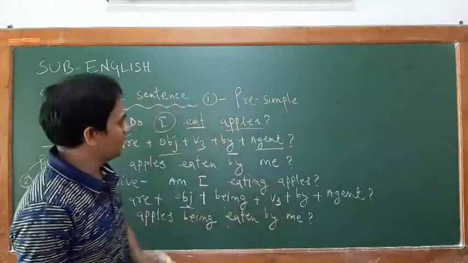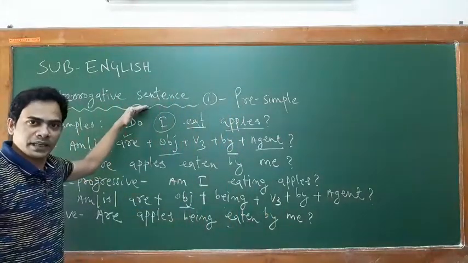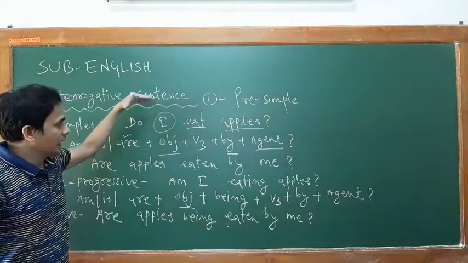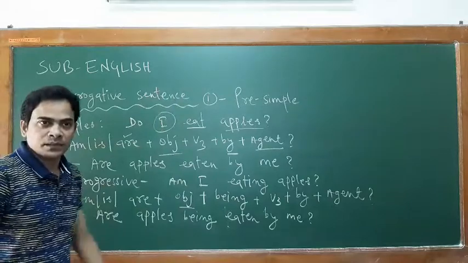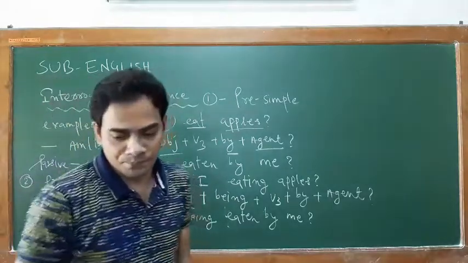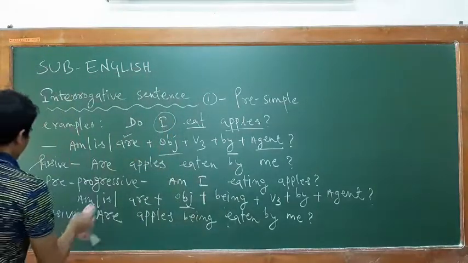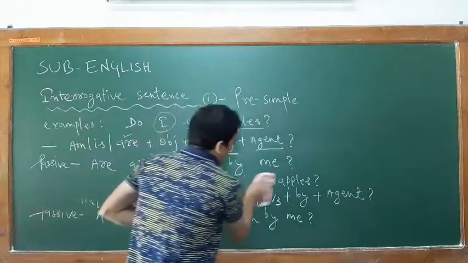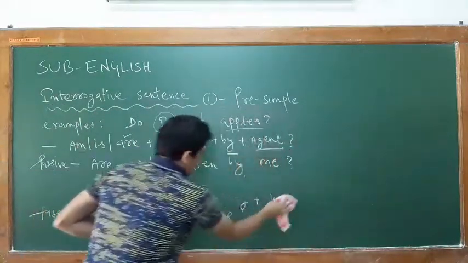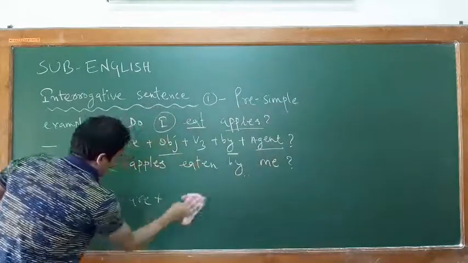Okay, now I will be citing one more example from your active sentence, and especially I will deal with the perfect form in present tense. Okay. Now let us study one more example, and this is the last example from your present perfect.